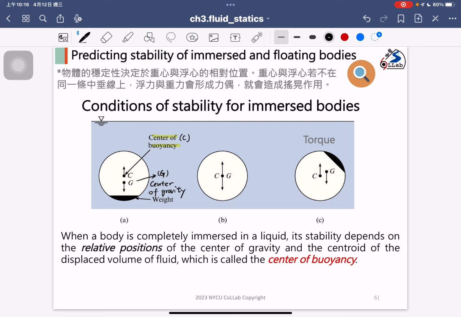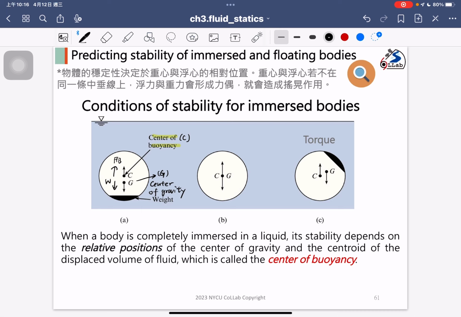As the sentence shown below, we need to consider the relative positions between the point C and the point G. As you can see, in the first case C and G are located along a single vertical line. C is the buoyant force, so we have an uplift force at point C. G is the gravity force, so we have the downward force caused by gravity, which maybe I will call the weight.